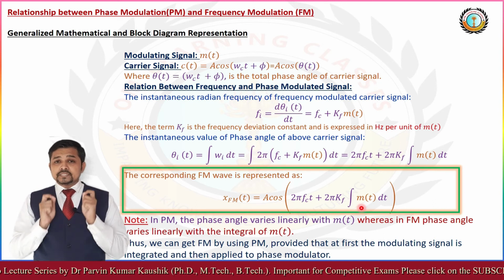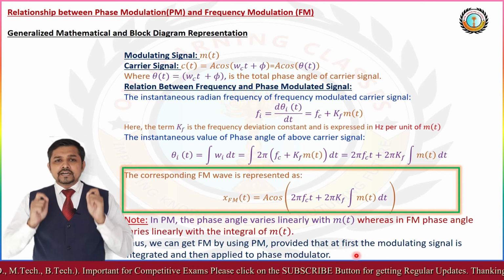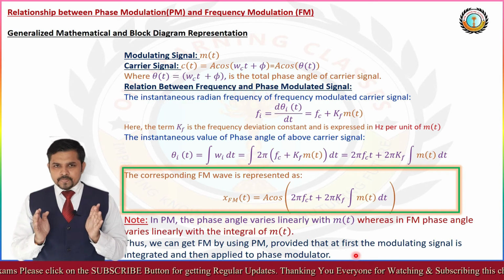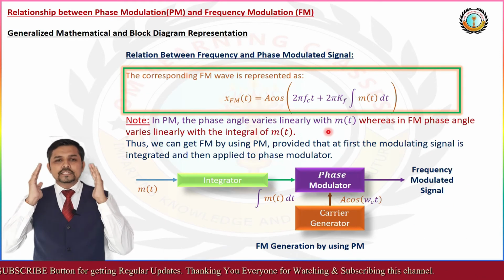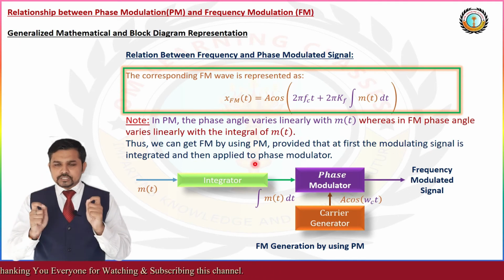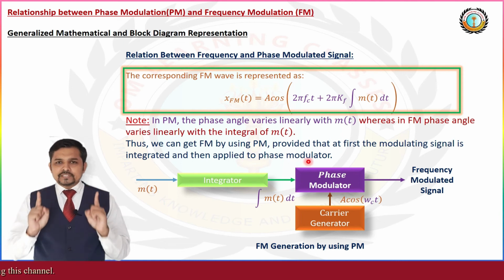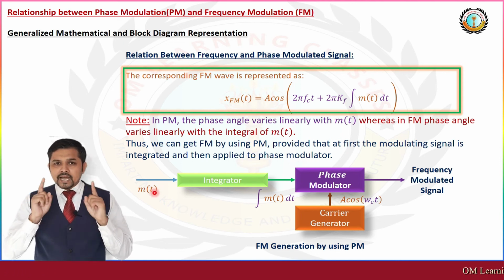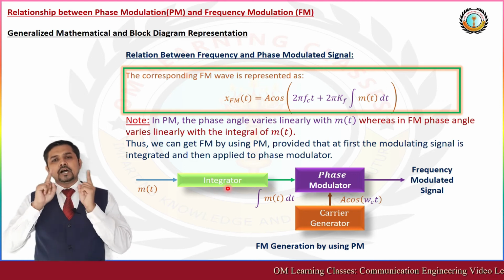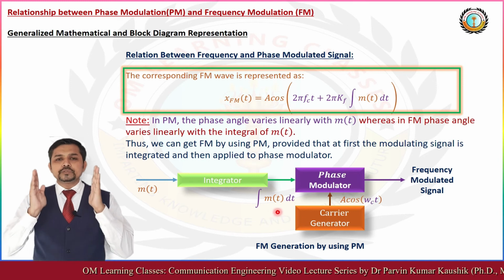So as per the important outcome from the representation of the FM modulated signal, we can have the block diagram representation, and that gives the relationship between PM and FM. In this, first the modulating signal is there. After that, we utilize the integrator, and at the output of the integrator, we get the integration of m(t) dt.